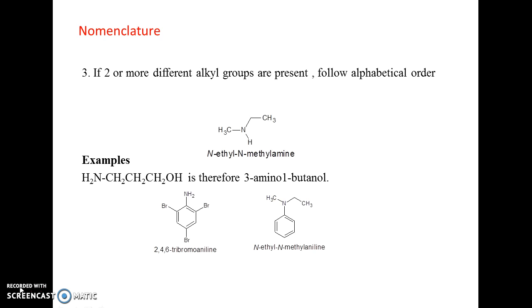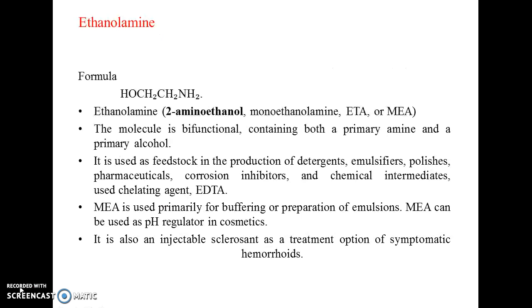One more, with aromatic substitutions: the basic ring is aniline, and bromine atoms are substituted at the 2, 4, 6 positions, so it is called 2,4,6-tribromoaniline. And one more example, where methyl, ethyl and phenyl substitutions are present on the nitrogen. It is a tertiary amine. We call it N-ethyl, N-methyl aniline.